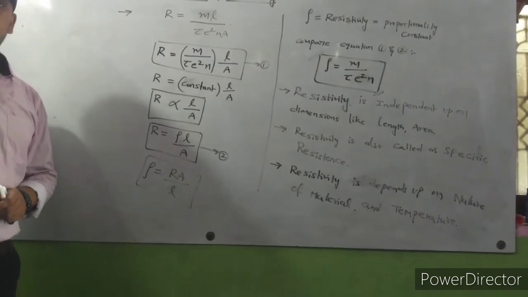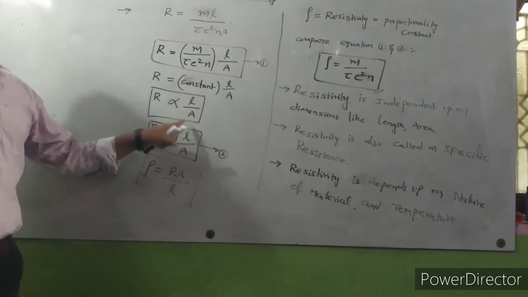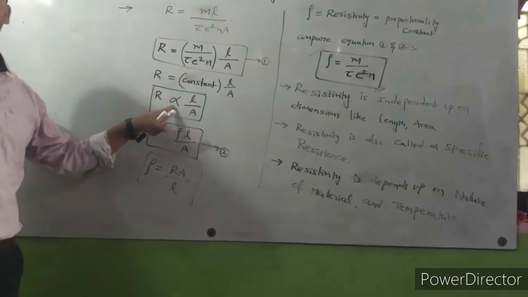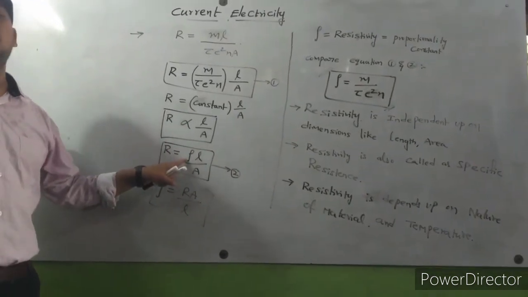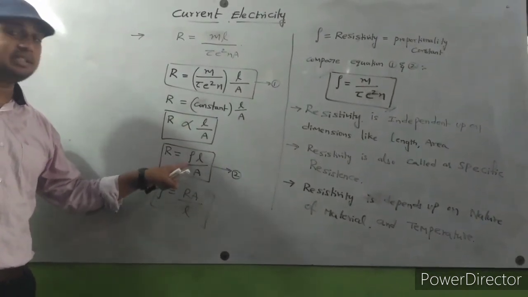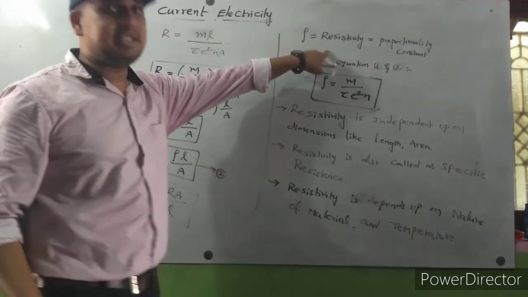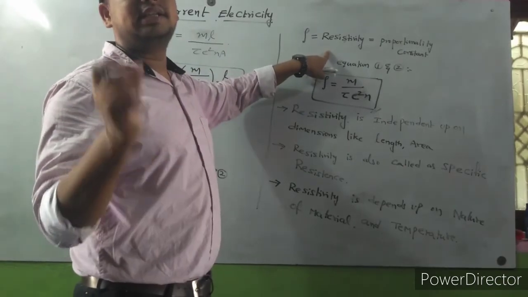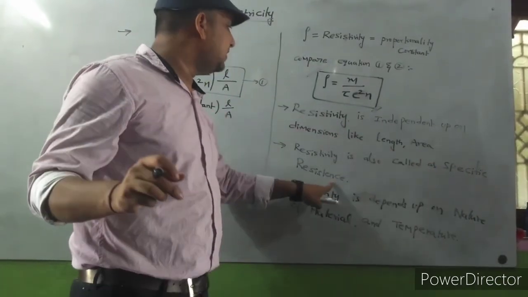My dear students, resistance is directly proportional to L by A. If you remove the proportionality symbol, we place some constant. That proportionality constant is here rho. That rho is called resistivity, and this is also called specific resistance.